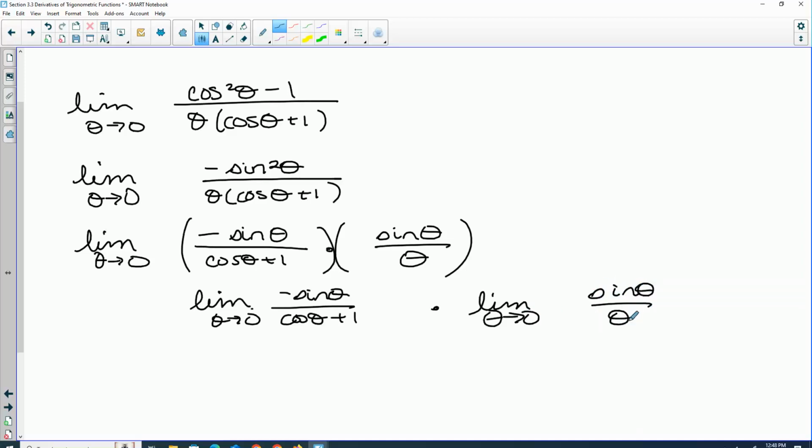Now the problem is right here because I can't put in a 0, but that theorem from section 2.2 says that's 1. Okay, this one, we can plug in 0. So sine of 0 is 0. And cosine of 0 will be 1.